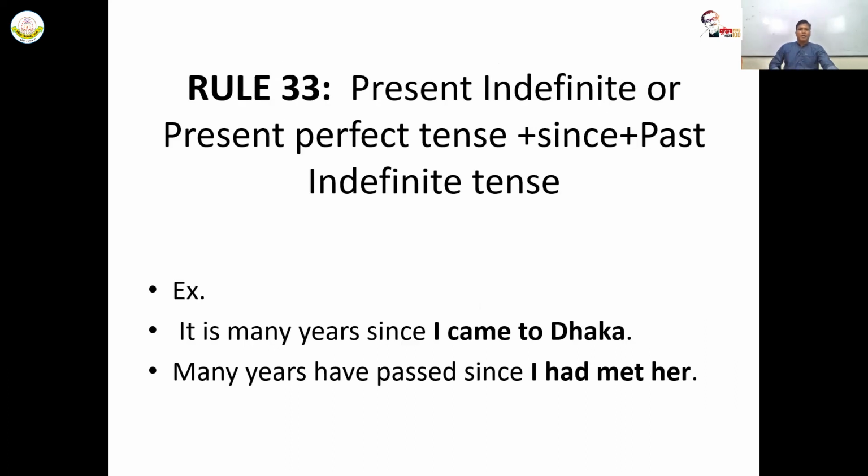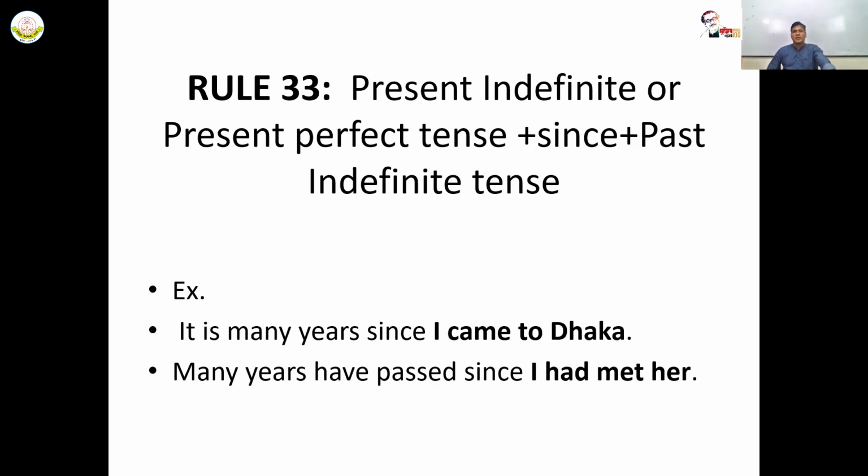And now rule 33. If you find in any sentence the present indefinite or present perfect tense and since, then the other part will be the past indefinite. So if you find since in any sentence, you have to find out which tense that one part is.